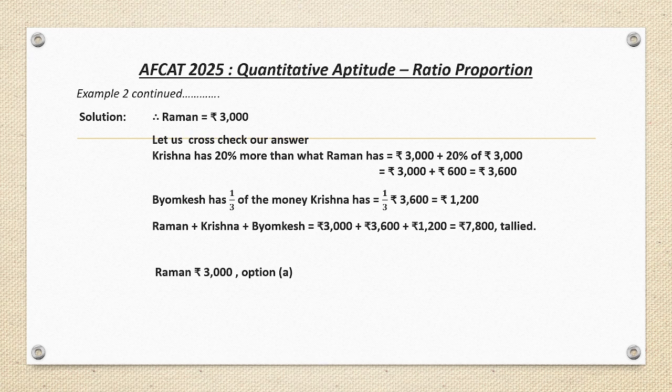So 20% more than 3,000 is 3,600. Vyomkesh has one third of Krishna. Krishna has 3,600, so one third of 3,600 is 1,200. Now total 3,000 plus 3,600 plus 1,200 is 7,800 rupees. So our answer is correct.